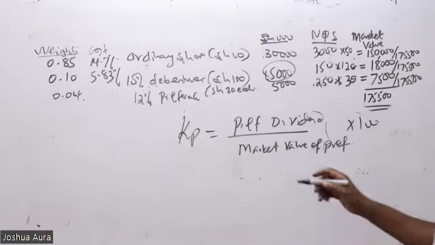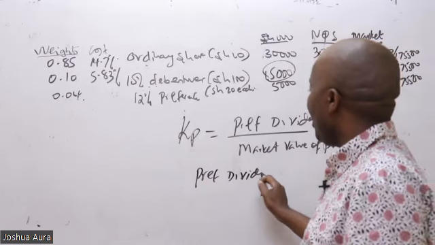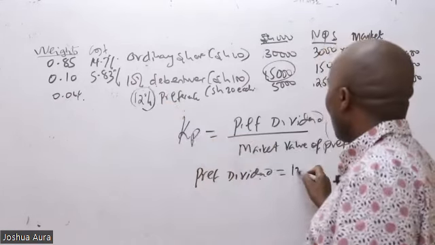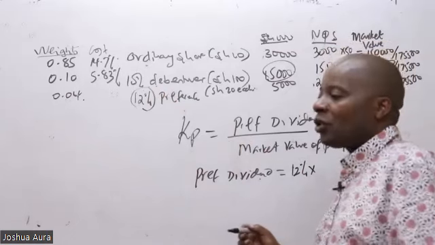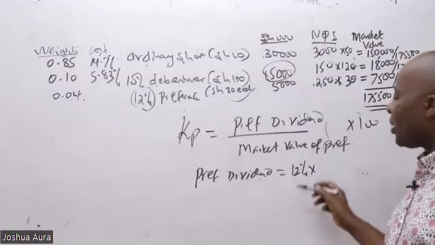So you come there and first write the preference dividend. The preference dividend coupon rate is 12%. 12% of what value? Because I want this in Kenya shillings, 12% of the par value, 12% of 20.